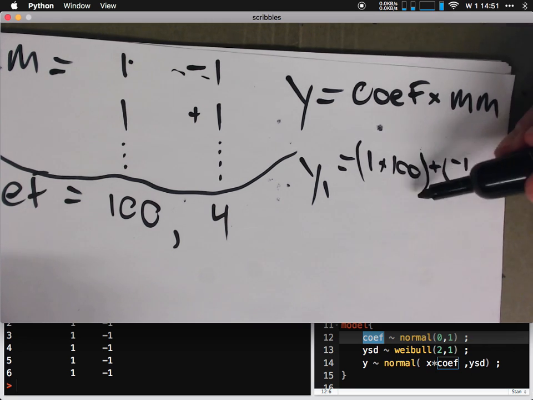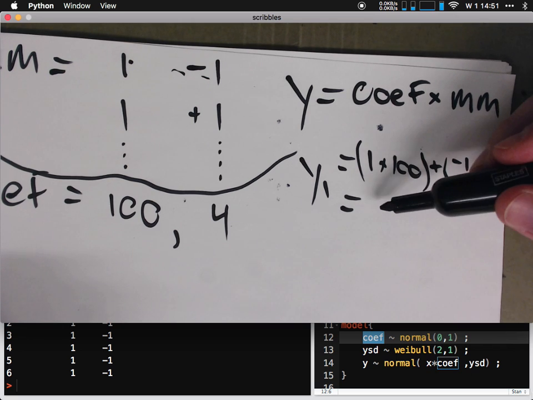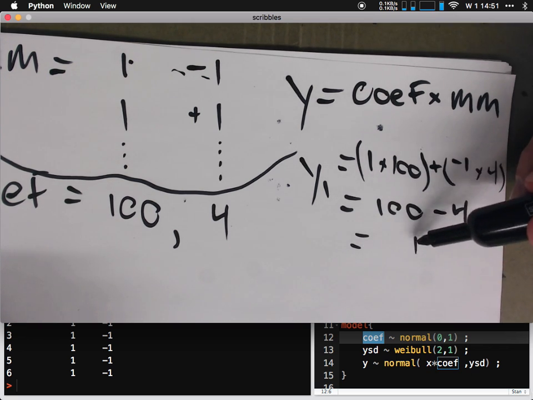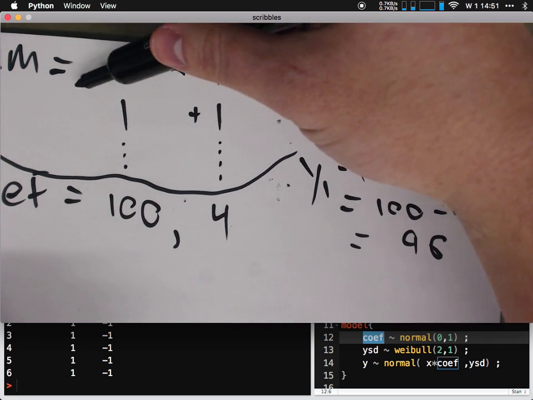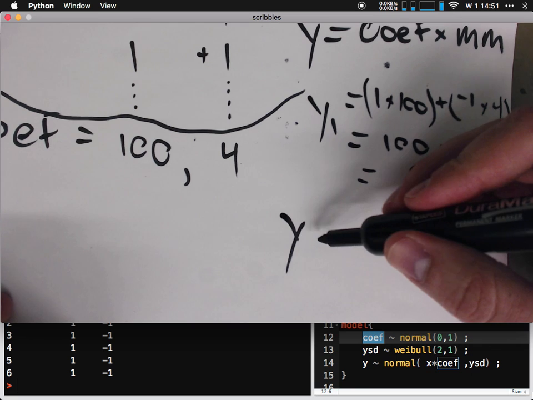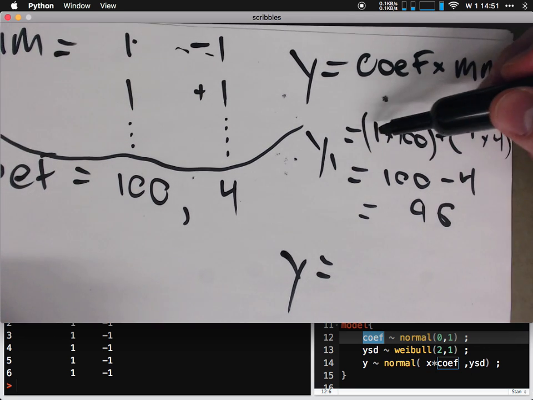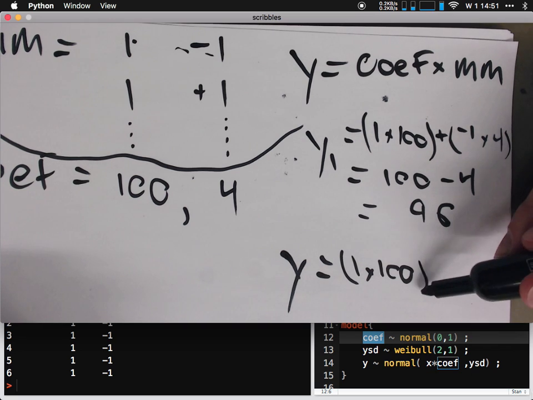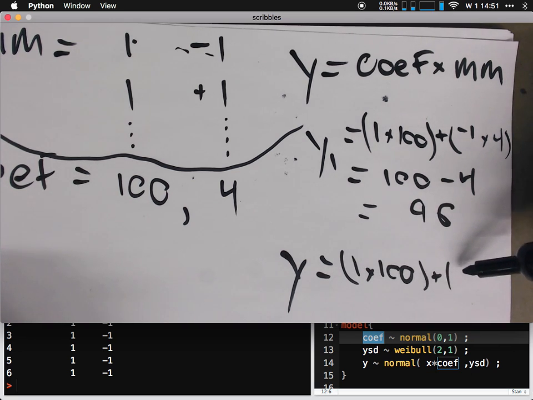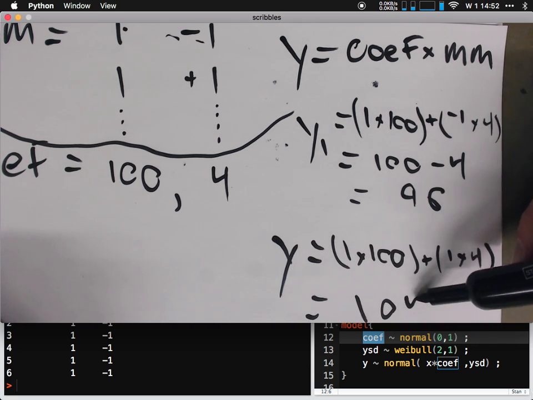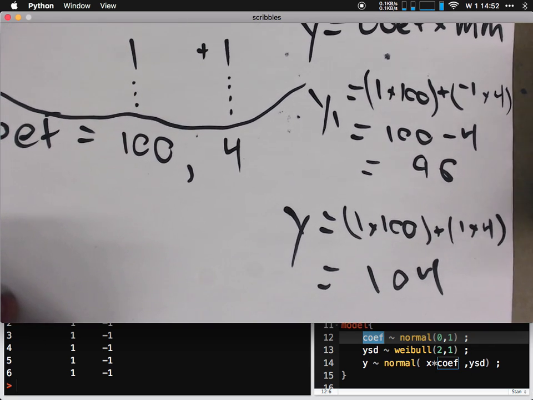So y1 is equal to 100 minus 4, equal to 96. That works out for the first row. For the second row, it's still 1 times 100 plus 1 times 4, which equals 104. Why do you just add the two together?